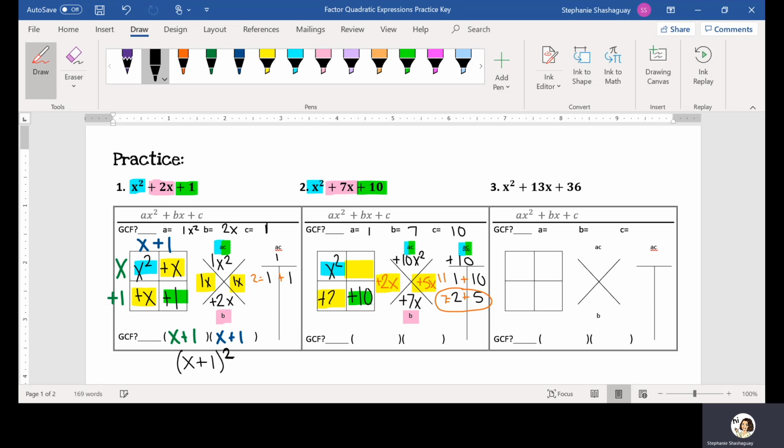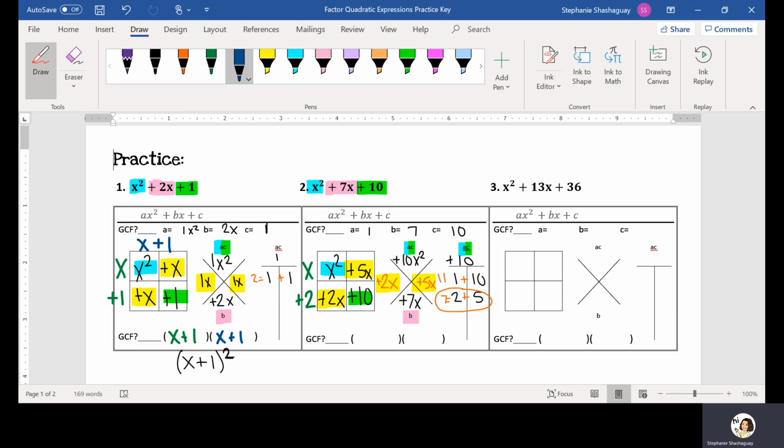So I'm going to take those numbers and now fill in my area model. So I have a positive 2x and a positive 5x. And now I need to factor my rows and columns. All right, so x squared plus 5x, I can factor out an x. Positive 2x plus 10, I can factor out a positive 2.